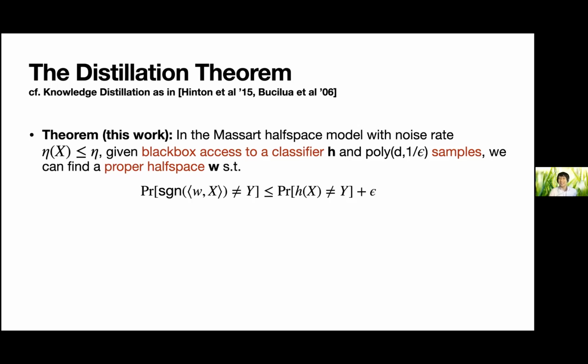So maybe H gets error almost opt, or in between opt and eta. And I give you access to some samples from the Massart half-space model. I can convert from the classifier H to a proper half-space W, which is just as good as H, up to a small error term epsilon.